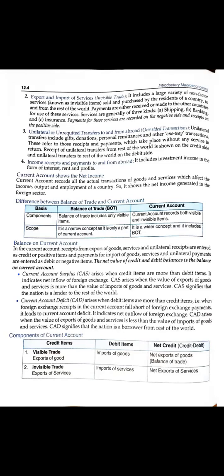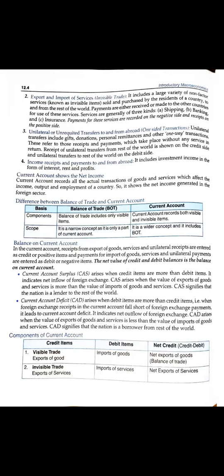So whenever we are receiving interest, rent and profit, we will include that on which side? The positive side, that is the credit side. Whenever we have to pay interest and profit, we have to mention it on the negative side, that is the debit side.